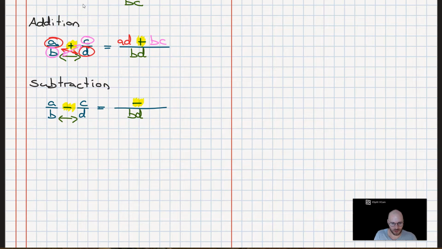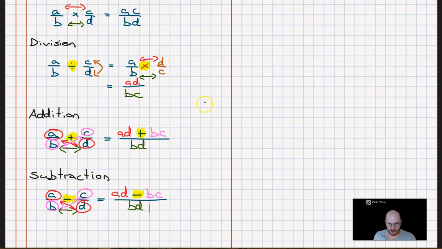Next step, look at the numerator of the first fraction, denominator of the second, and I'm going to multiply these two together. So that's going to become AD. Subsequently, I look at the denominator of the first fraction, numerator of the second, multiply them together, and then we get BC. So our final form becomes AD take BC all over BD. So notice how they're different, addition and subtraction. The only thing that changes is the symbol.